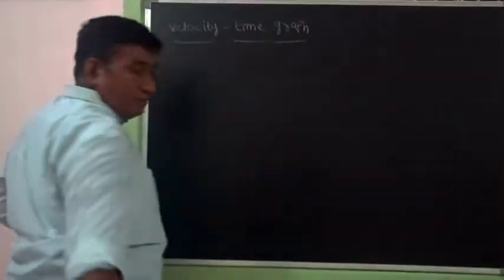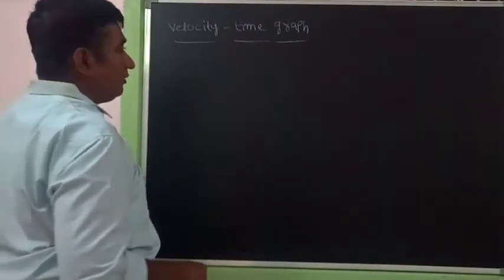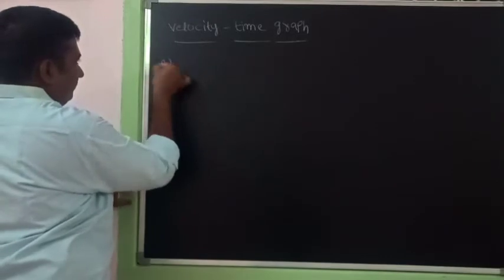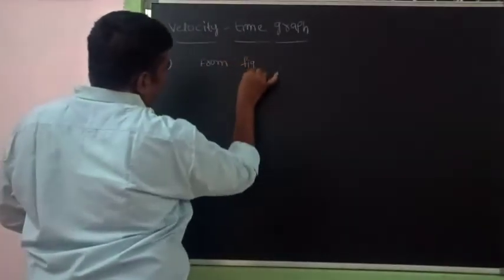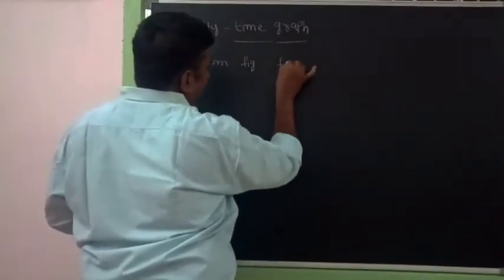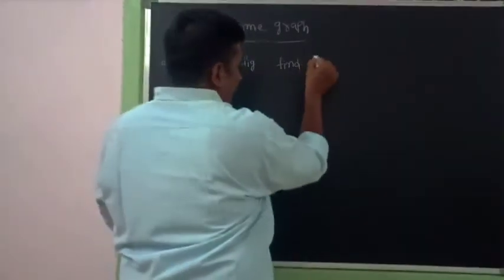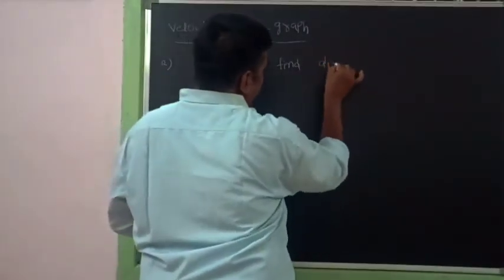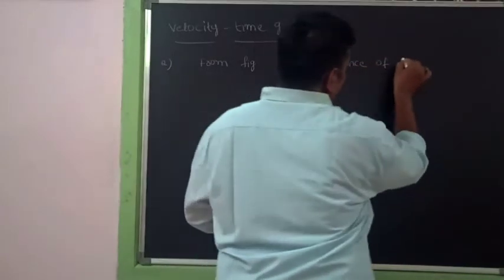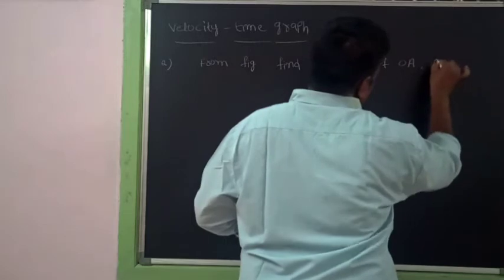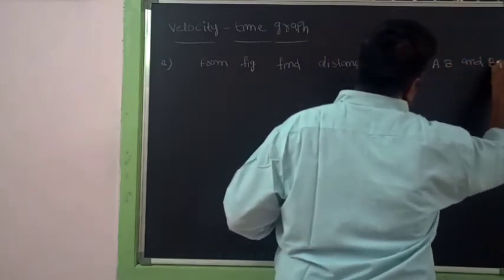In the previous part I discussed the displacement-time graph, now we are going to discuss the velocity-time graph. From the figure, find the distance of OA, AB and BC.